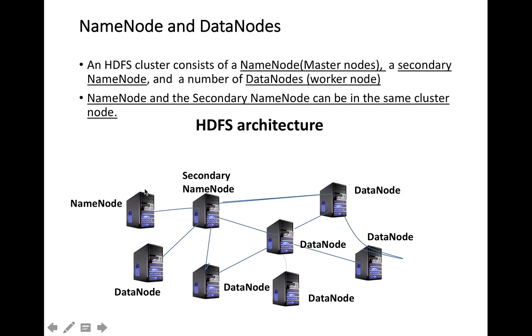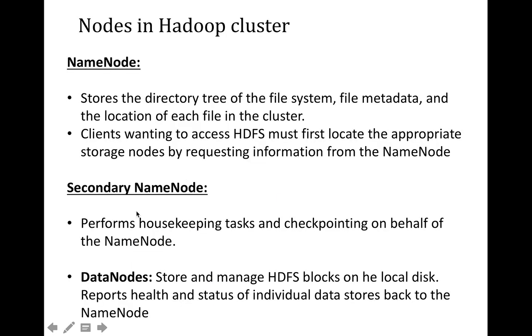We can treat them as master nodes. Majorly, they regulate the other data nodes. In many designs, the secondary name node and the name node can be on the same machine.